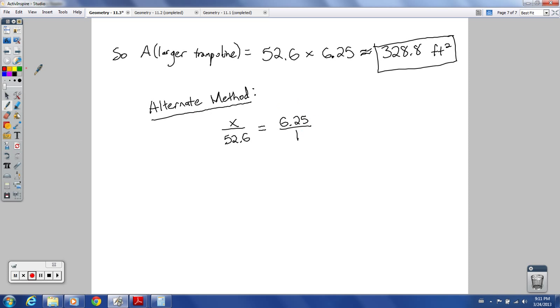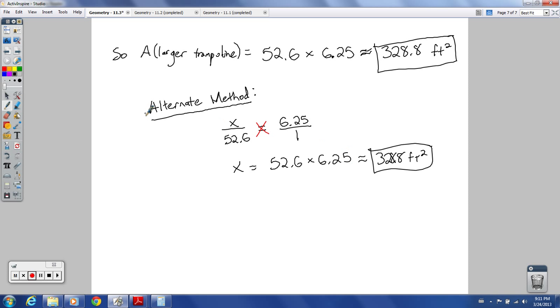So we could set it up like that, cross multiply, and say that x would equal 52.6 times 6.25, just like we saw up here before, which would be 328.8 feet squared.